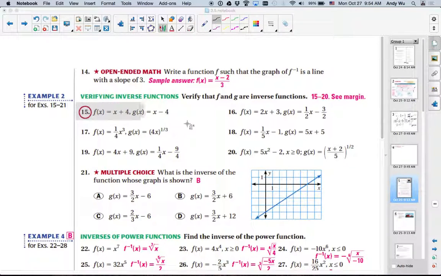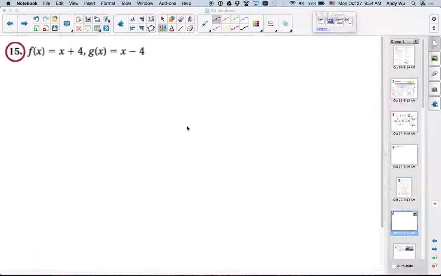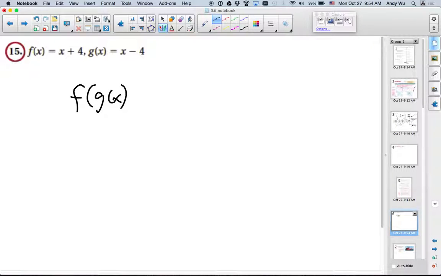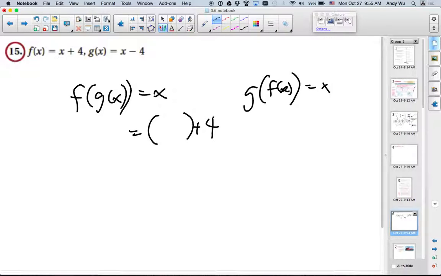So to verify means that you have to do two things. One is f of g of x. You have to prove that this is equal to x, and you have to prove that this is equal to x. Is that what you did? So you will write this is equal to x plus 4, and instead of x, I write x minus 4.